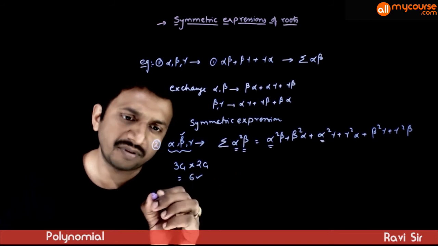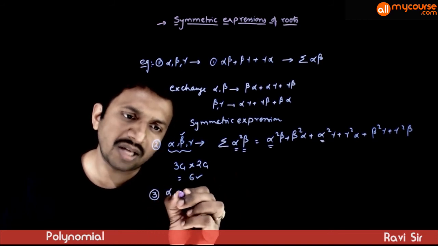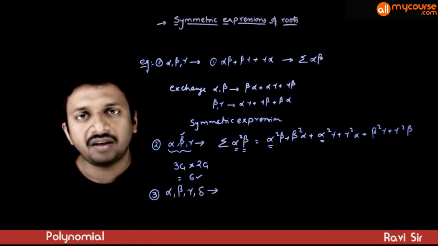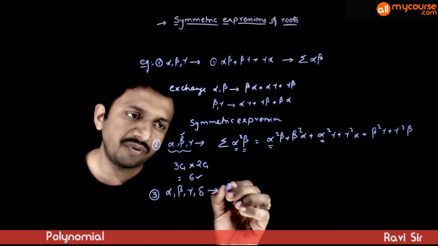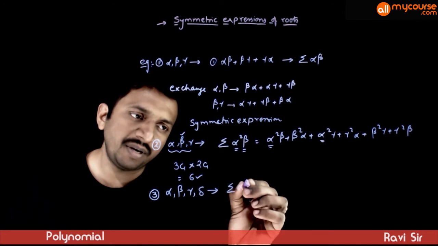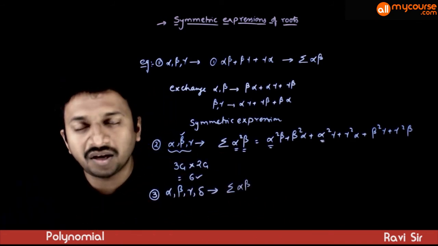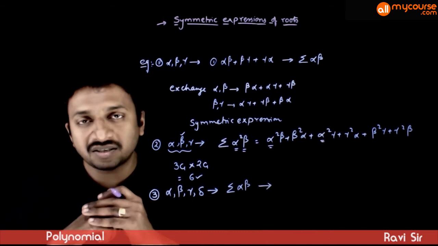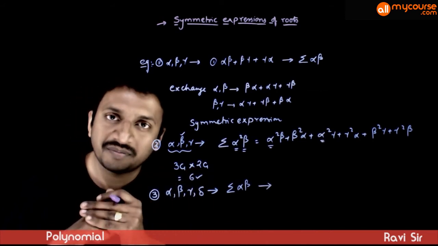Next, if you have 4 roots alpha, beta, gamma and delta, and with respect to these 4 roots, if you want to write sigma alpha beta, in how many different ways can you write sigma alpha beta?